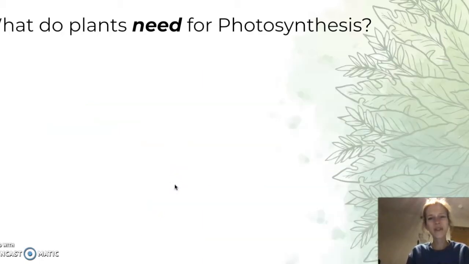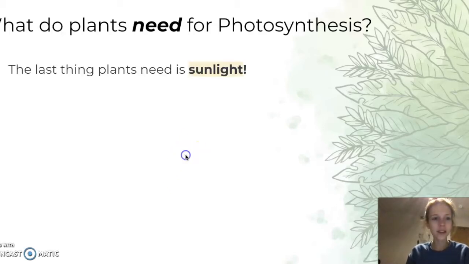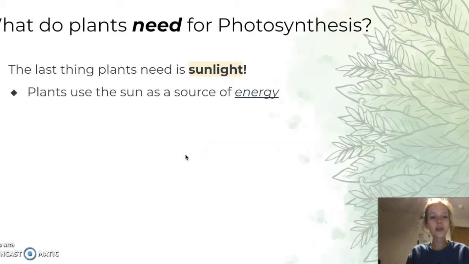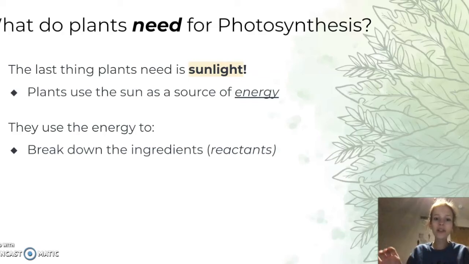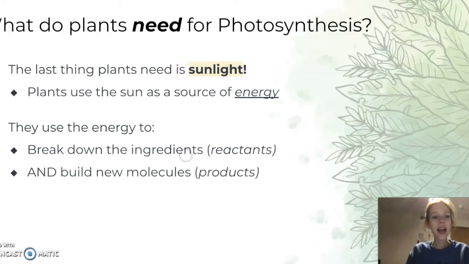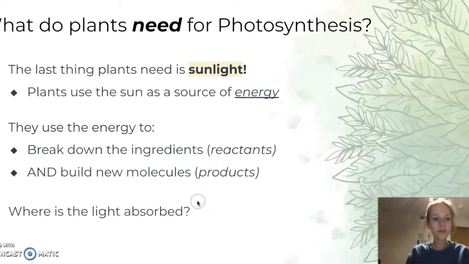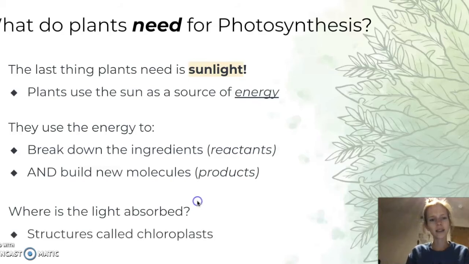What do plants need for photosynthesis besides water and carbon dioxide? Well, the last thing they need is sunlight. Plants use the sun as their source of energy. They need this energy in order to break apart the ingredients of photosynthesis, or reactants, and to build new molecules, the products. Where is this light absorbed, though, in the plant?